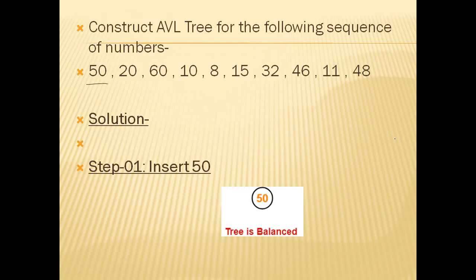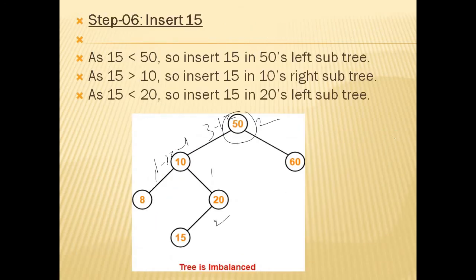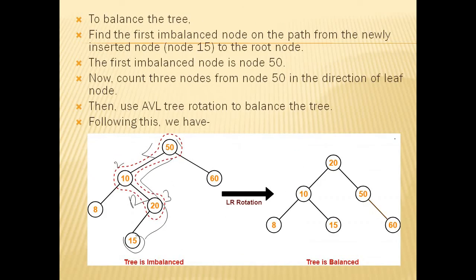The same thing will apply here. So third node 20 will become root and second node will become left and first node will become right.